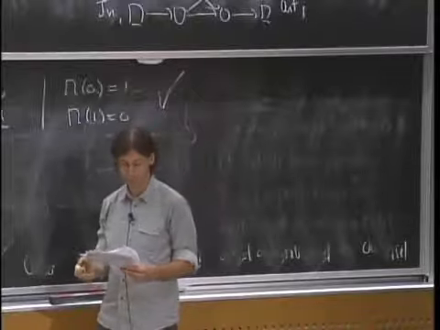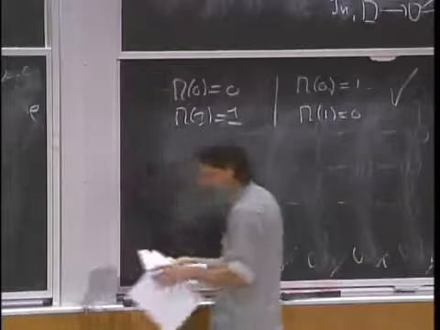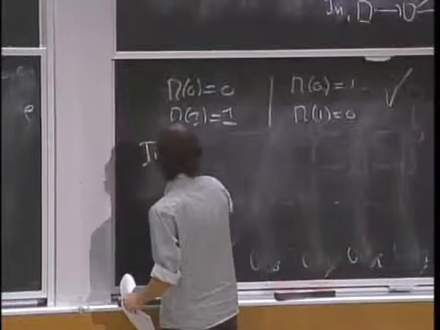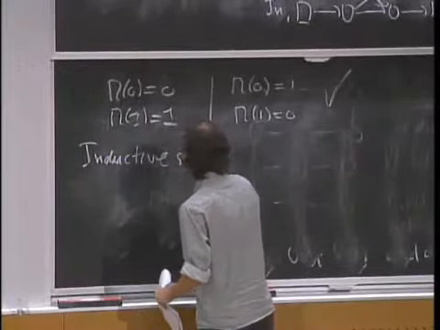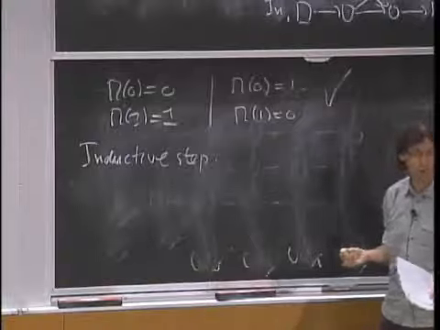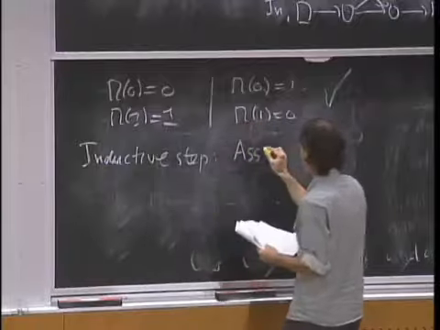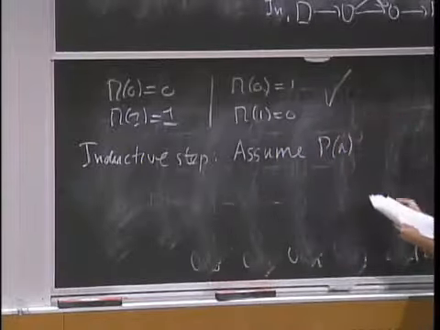So now we get to the harder part, because for the inductive step, we are going to assume, of course, that it holds true for a smaller Benes network. So we assume that P(n) is true.